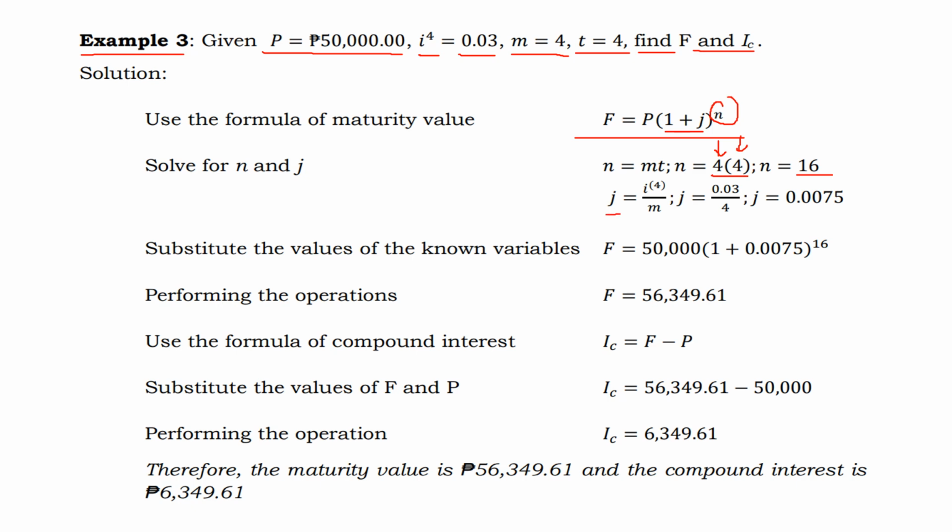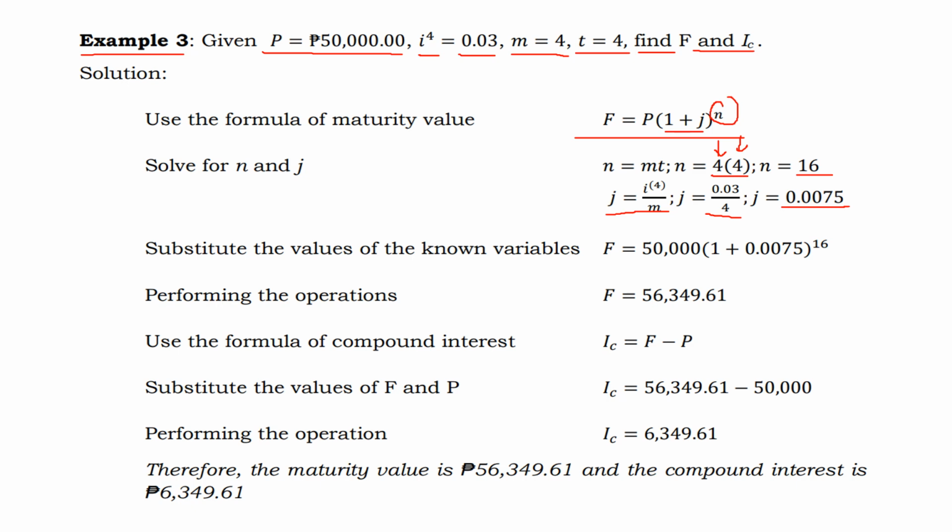Then for j, we apply your i^(4), which is 0.03, divided by 4, or the number of conversion periods in a year, that is 4, because there are 4 quarters in a year. So the resulting value for j is 0.0075. Now, let's substitute the values of the known variables.